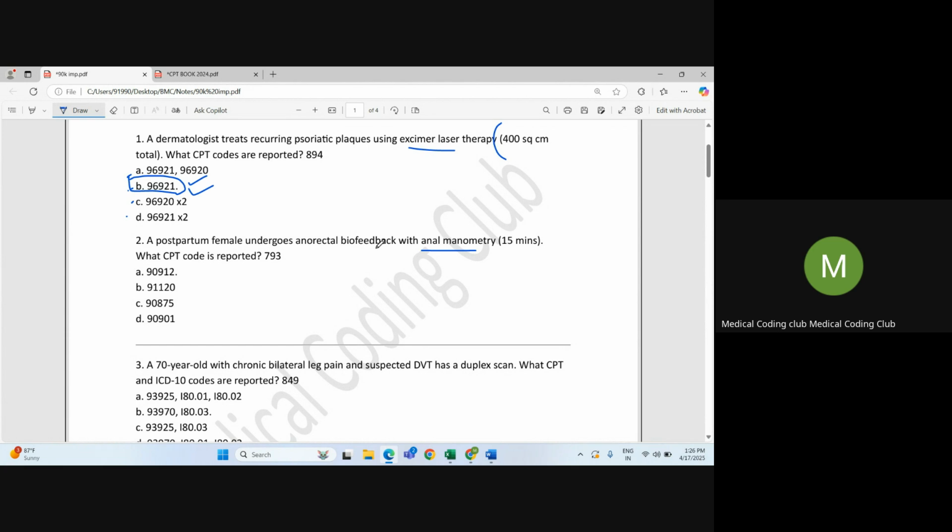So the meaning of biofeedback is, as I said, they use this biofeedback method or technique to treat bowel diseases like constipation and incontinence. All these things will be included. So let's check the answer.